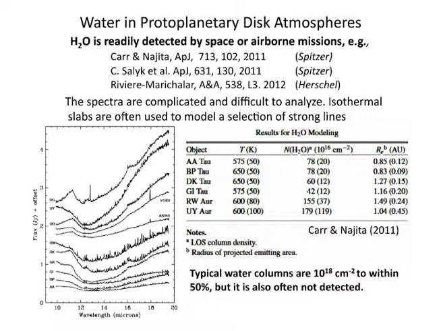Column densities in the middle are of the order of 10 to the 18th per square centimeter. Characteristic temperatures of the model are 600 Kelvin, and the water occurs in the inner 1 or 2 AU. On the other hand, there are a lot of disks where water isn't detected, and I don't think people have spent a lot of time yet on understanding why.